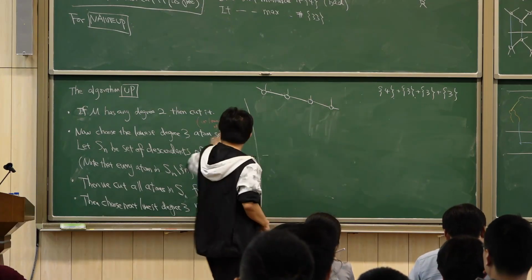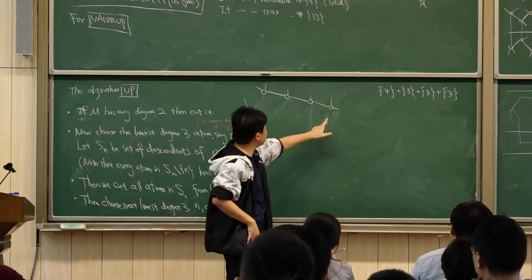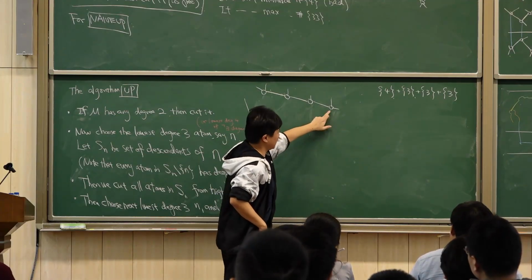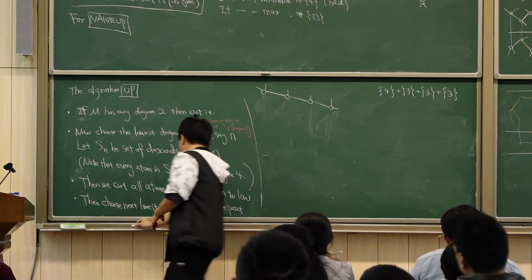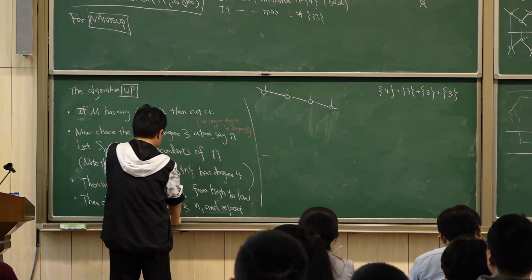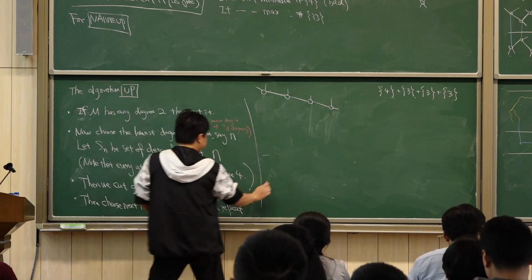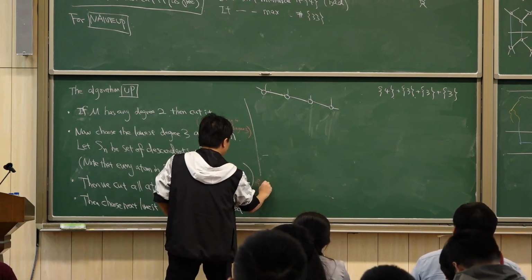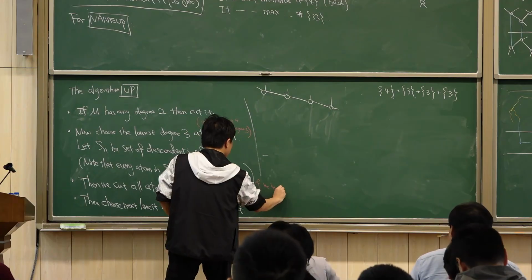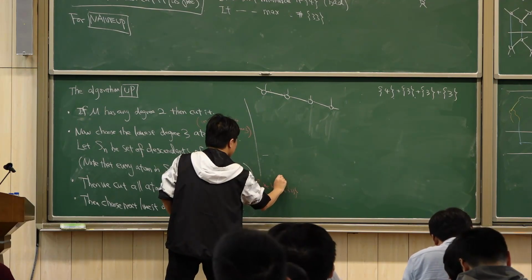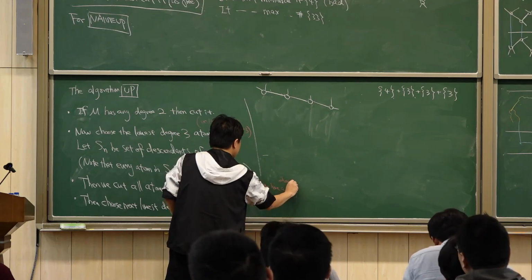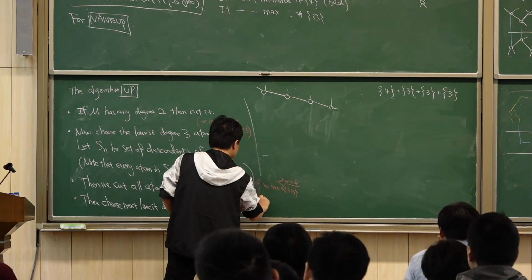So, instead of cutting this alone, we would like to cut these two together as a 3-3, because then we gain. So if we have a chance of 3-3, then cut it.